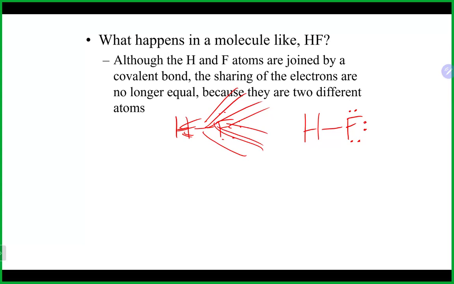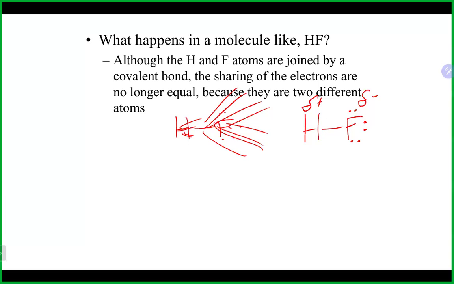Yeah, because the electrons are hanging out there. So as a result of this unequal sharing of electrons, the fluorine creates a partially negative charge. That's a delta symbol, and it refers to a partially negative charge. The hydrogen, because the electrons are heading away from it, will create a partially positive charge.